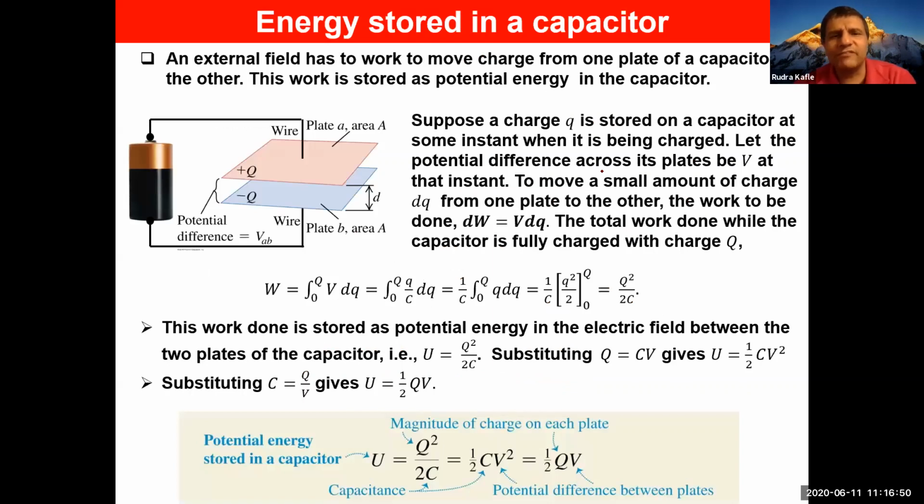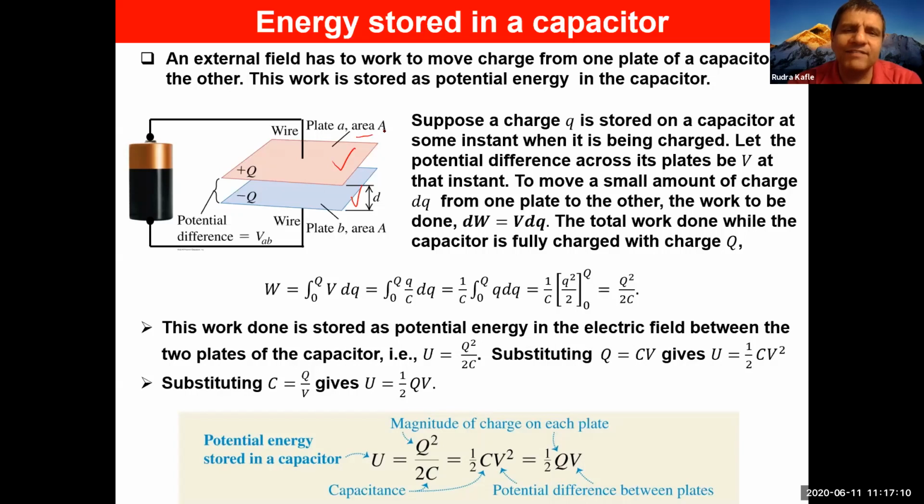Okay, this is a very busy slide. Please don't worry, I will explain it, but I have made the slide busy so that you can read and understand things in here. Here is a parallel plate capacitor with two plates, the upper plate and the lower plate.